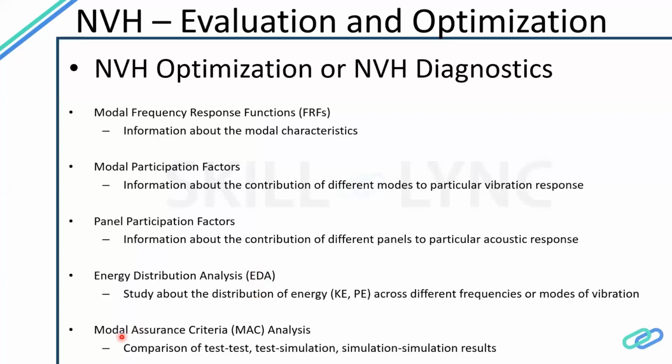Then last but not the least is modal assurance criterion analysis, also called MAC analysis. It's mainly used for comparison of the results. Maybe it is a comparison between test and test results, or test and simulation results, or simulation and simulation results. Just to include one piece of information, simulations or numerical models are always just a kind of assistance to the testing procedures.